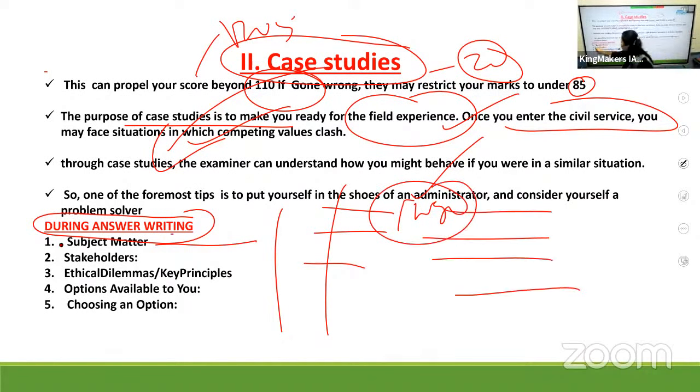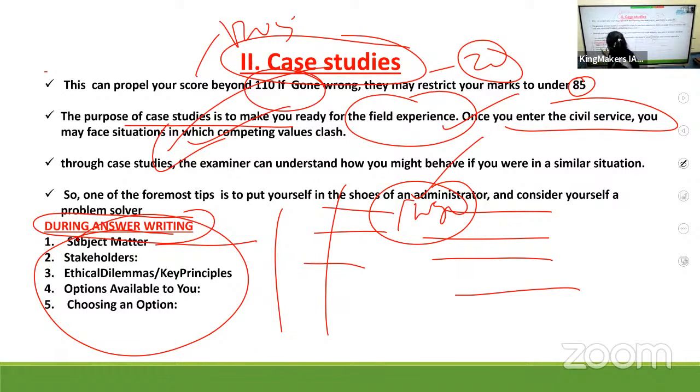This is the most important part in ethics paper answer writing. If you understand the subject matter, you make yourself understand the crux of the particular case study. So the subject matter I already told in a simple sentence.